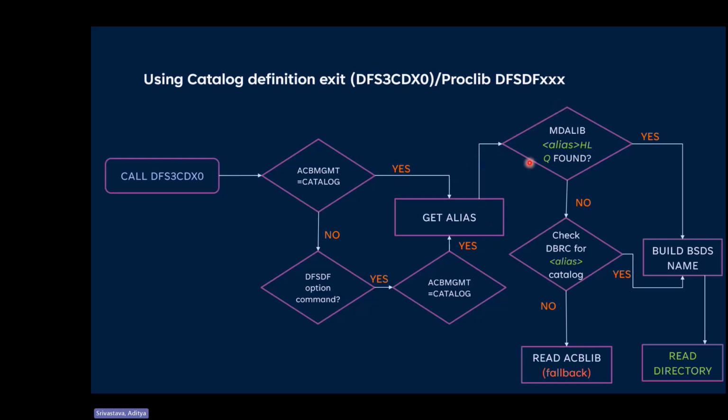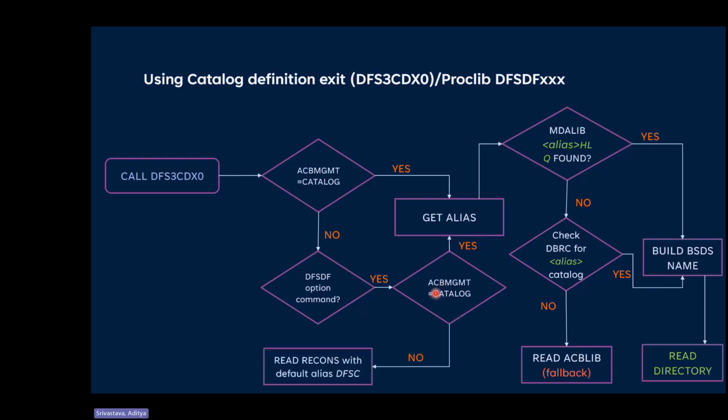Go and check for the MD-Live member. If it's found, build the BSDS name and read the directory. If it is not found, check in DBRC. If found in DBRC, again build the BSDS name and read the directory. And if it is not found in DBRC, then you have to fall back.